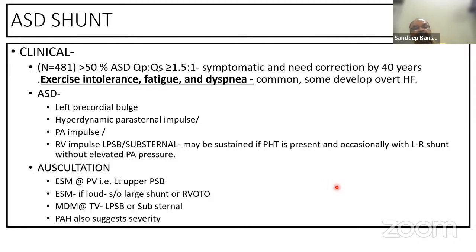There is a hyperdynamic parasternal impulse, again because there is an increased flow on the right side. The pulmonary artery impulse can be felt, again, because of the same reason.